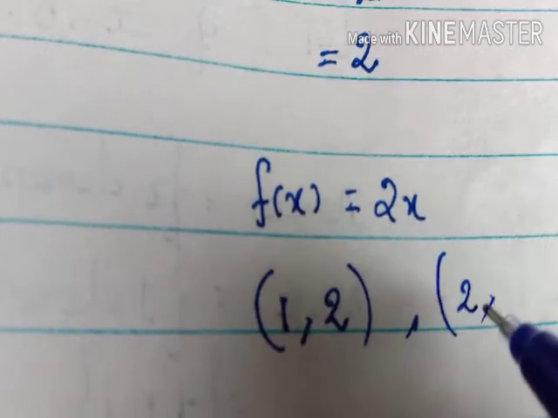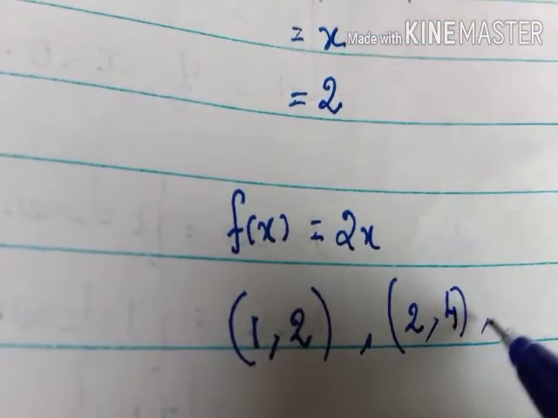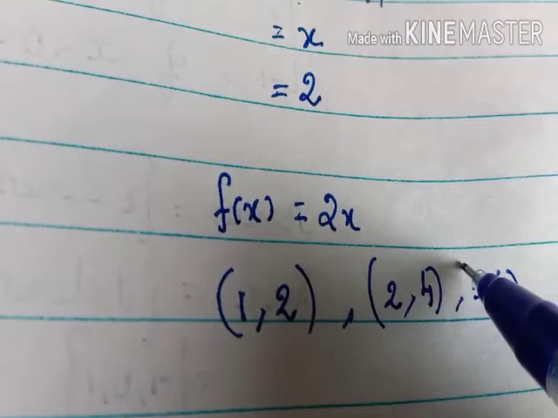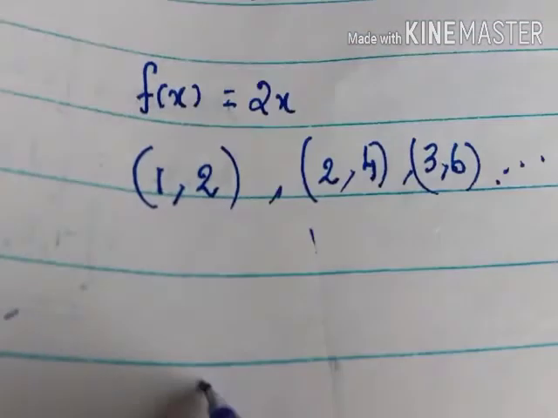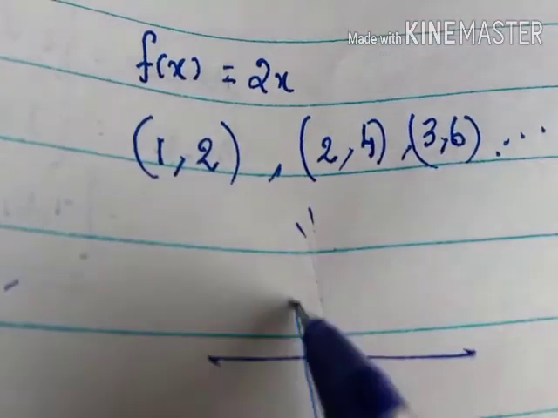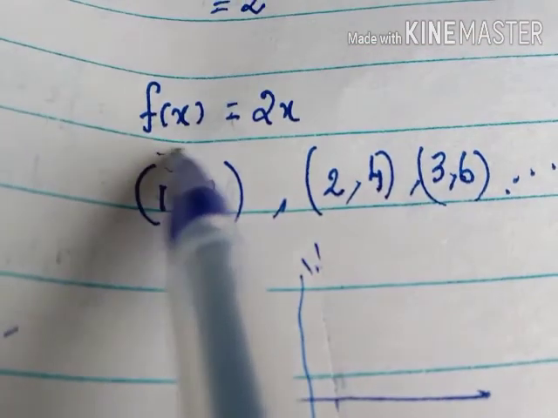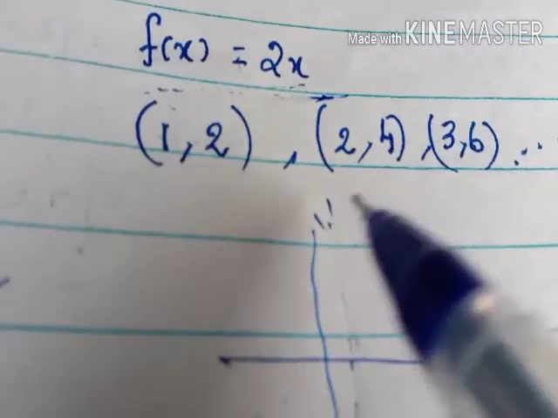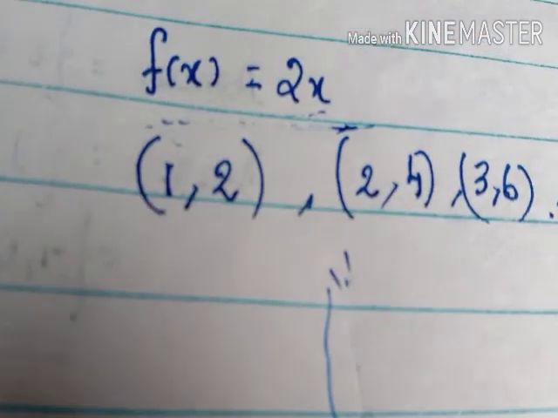When x equals 2, f(x) is 2 × 2 = 4. When x equals 3, f(x) becomes 6. Using these points, we can draw the graph. So we can draw the graph of a polynomial function depending on the polynomial given. There is no special definition for a polynomial function.